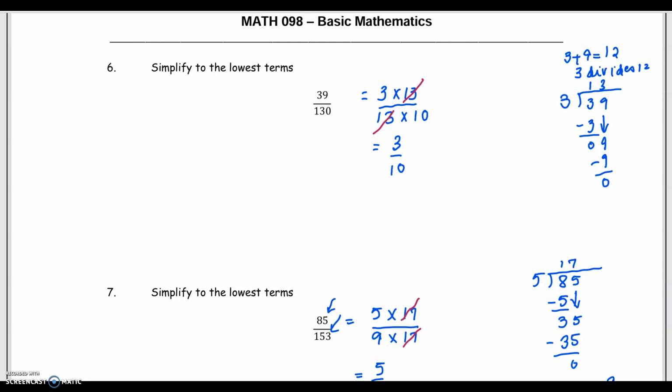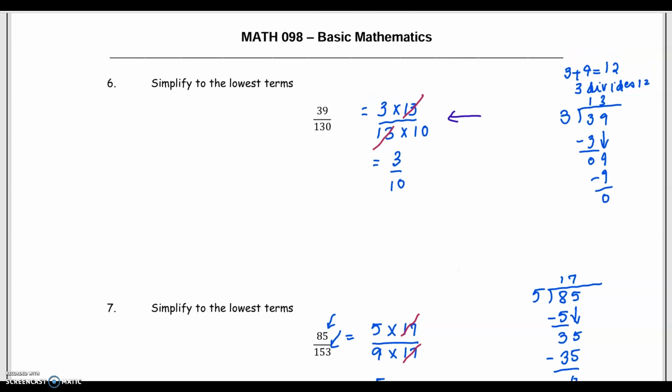So for example, here, 39 over 130, it was hard to tell if there was anything we could cancel. So what we did was we broke down the numbers first. So we wrote 39 as 3 times 13 and 130 is 13 times 10, and then we spotted the hidden factor 13 that was common to both the numerator and the denominator that cancelled off, and we got 3 over 10.